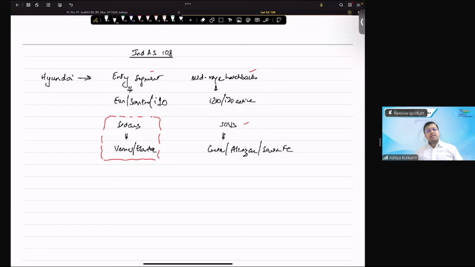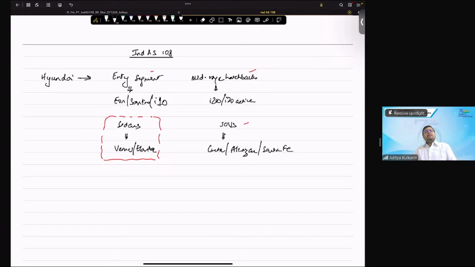What did the accountant say? The accountant was saying, sir, Eon, Santro, i10, i20, Verna, Creta, all these are vehicles. Vehicles are all coming under the automobile industry. So everything is under one segment. So do it that way, there is no segment reporting. We will disclose everything as one.